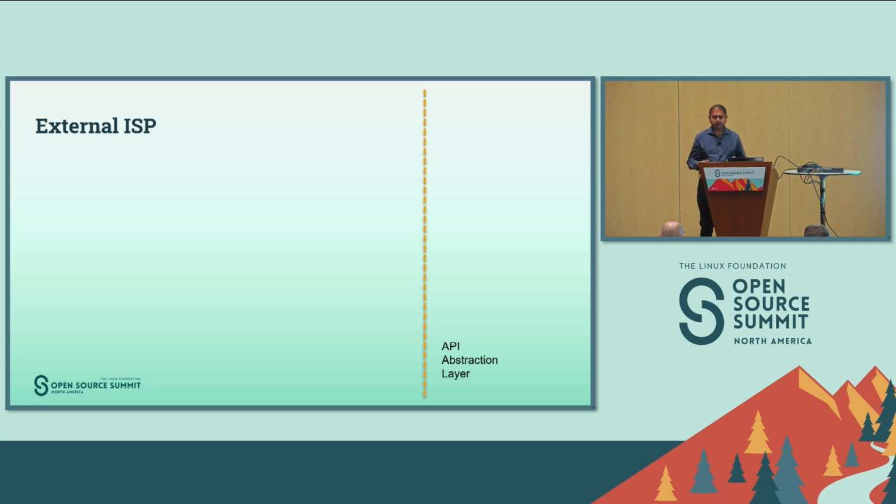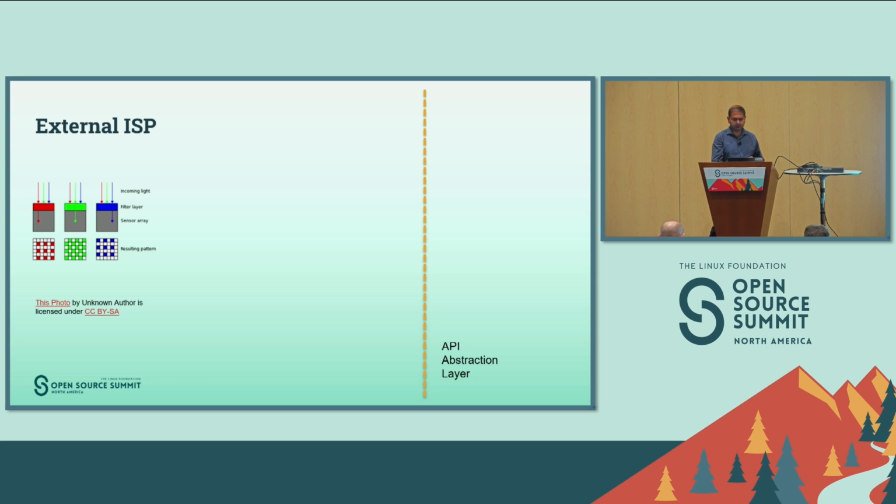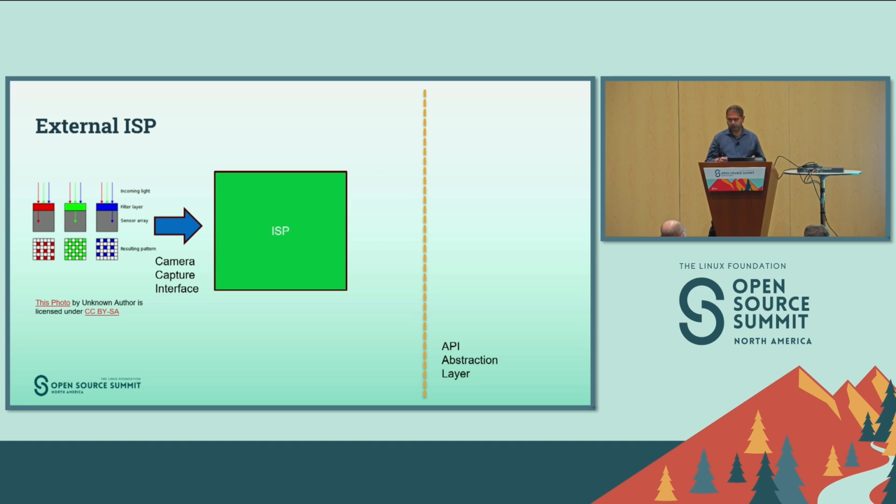So when I first started working, a lot of the ISPs and cameras used to be external. What that means is that you'd have an image sensor and some sort of a camera capture interface, and all of that would go to an image signal processor. That image signal processor would be outside of the SoC.